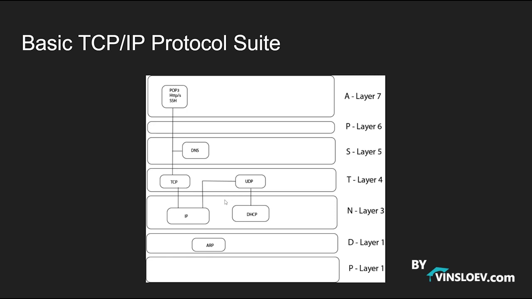This basically means that TCP uses the IP protocol from layer 3 to support other protocols. For example, it is used by DNS and POP3 and HTTP and so on. These are just some of the protocols. There are many more. You can feel free to look them up yourself in order to get a full list of all the protocols. And then we also have UDP, which also relies on IP.